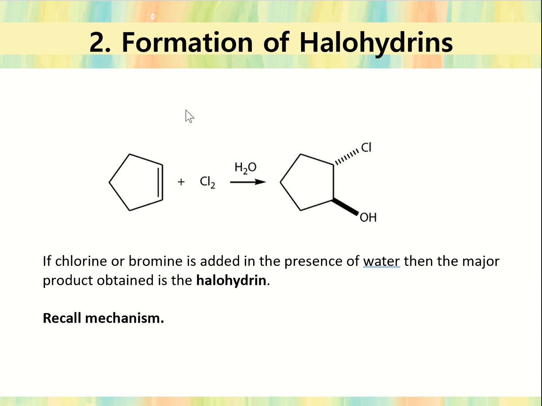And in the presence of all of this, we have the addition of a chloride ion or chlorine here, and a hydroxyl group here. So if chlorine or bromine is added in the presence of water, then the major product obtained is a halohydrin, right?